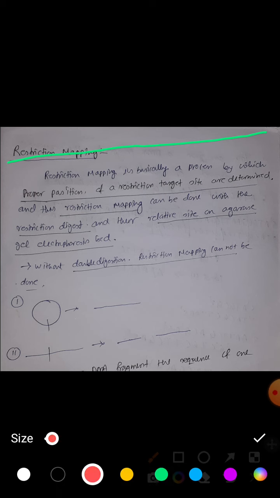Because whenever you are dealing with any kind of known molecule, and suppose from that you want to excise a gene of interest that you want to clone, and there is no information about the various recognition sites present inside the DNA molecule, you cannot figure out what kind of restriction endonuclease to choose.